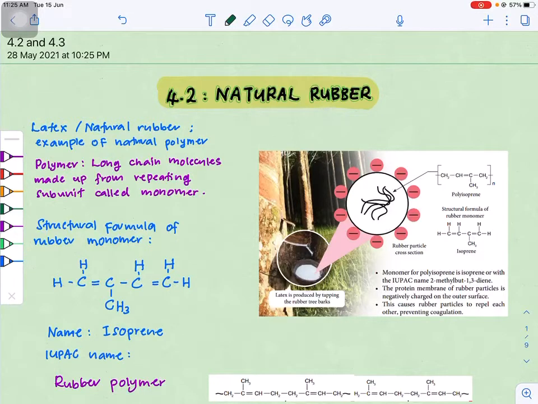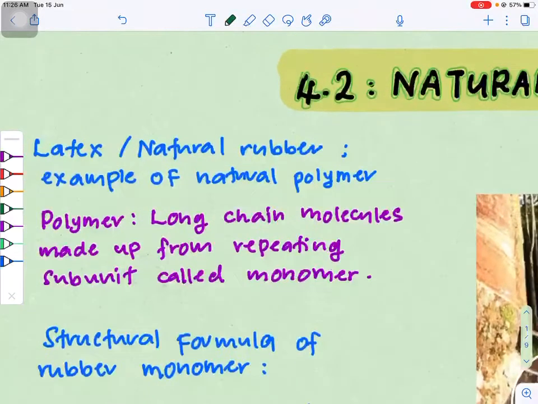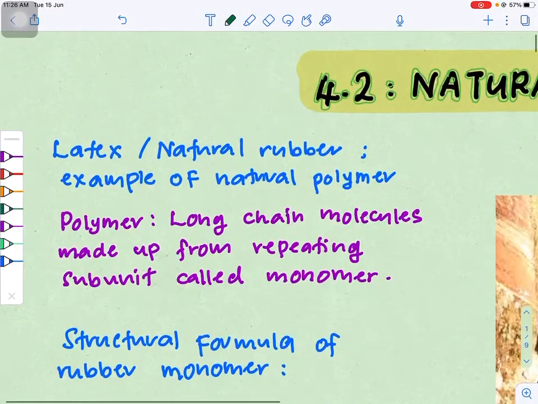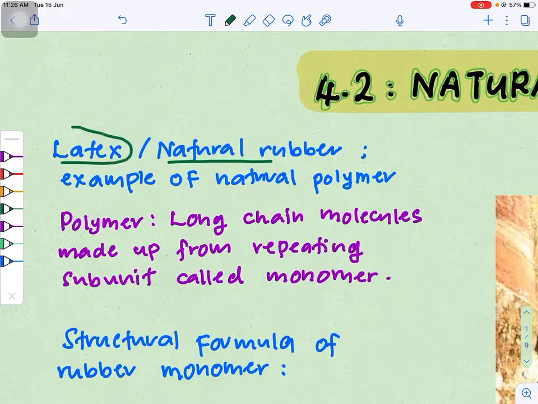So for today, I'm going to continue the topic polymer under subtopic 4.2, which is natural rubber. What is natural rubber? Natural rubber, the other name we also call latex, or normally Malay people will call it susu getah.